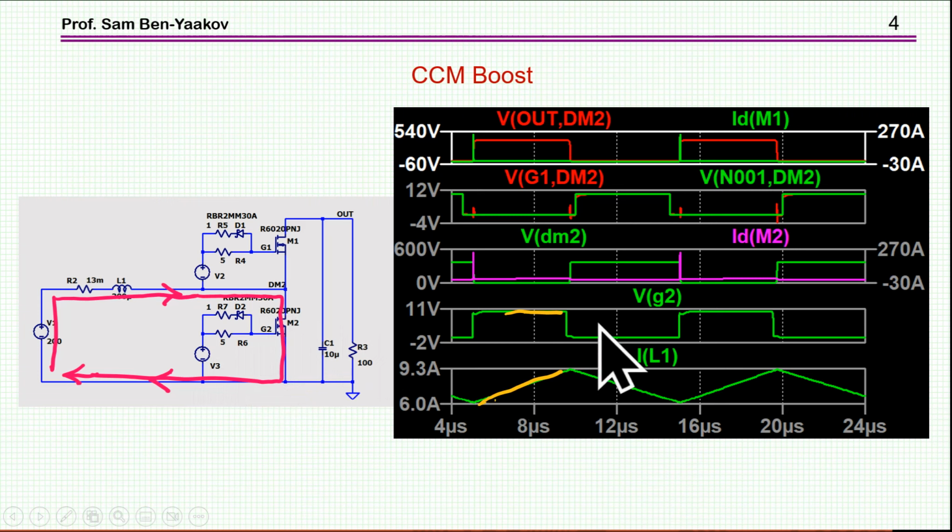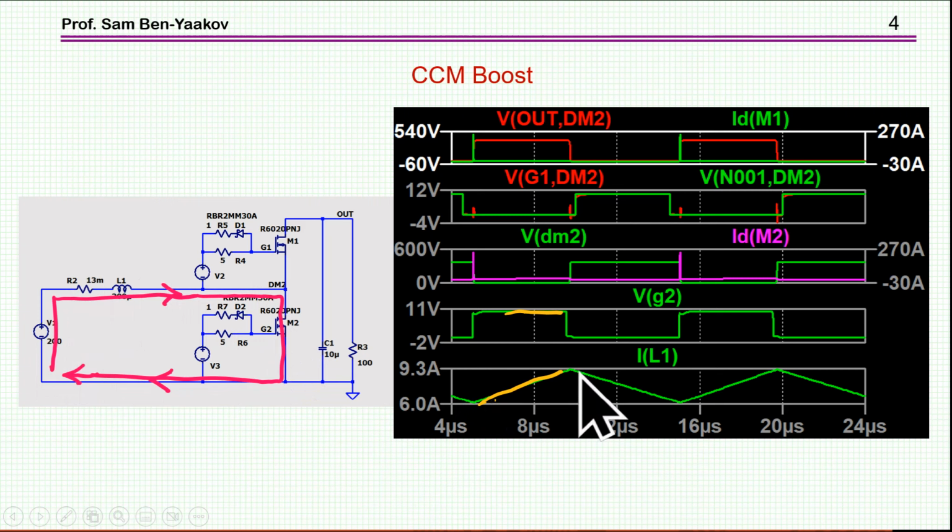Then I have also the voltage at the midpoint, which is basically the drain to source voltage of the transistor. I'm starting here with a situation in which the gate is on, the transistor is conducting, and the current of the inductor is rising because we have here the source, and here it's connected to ground. Again, I'm in CCM, so it starts with a certain current.